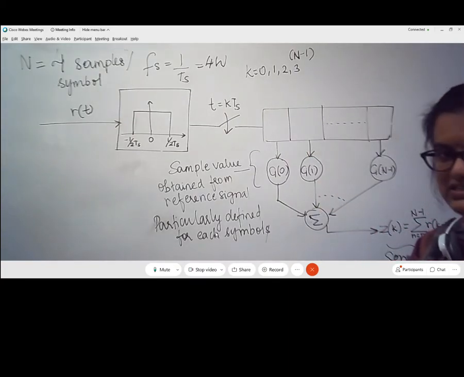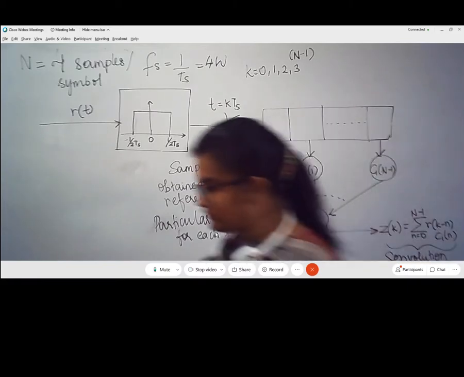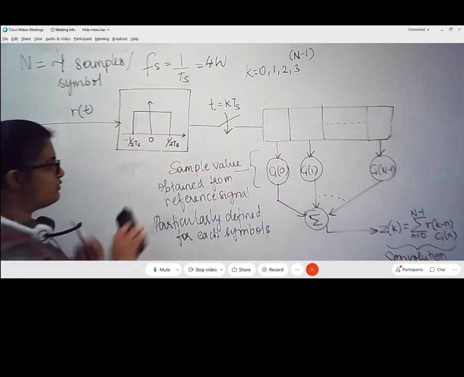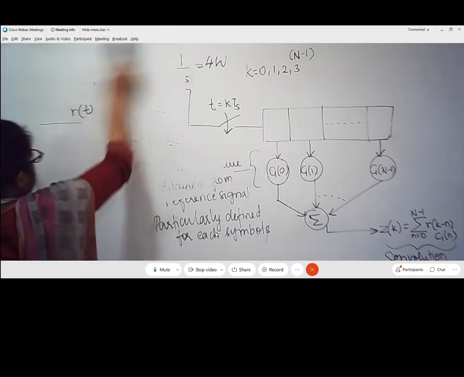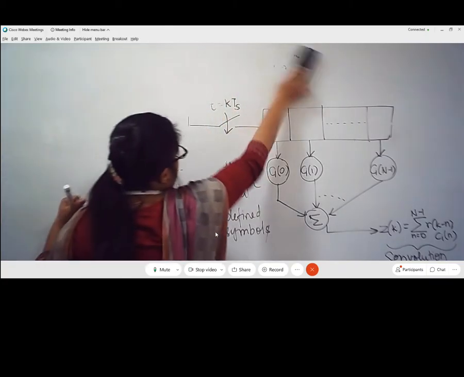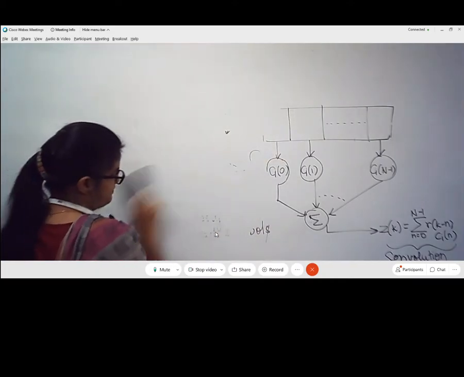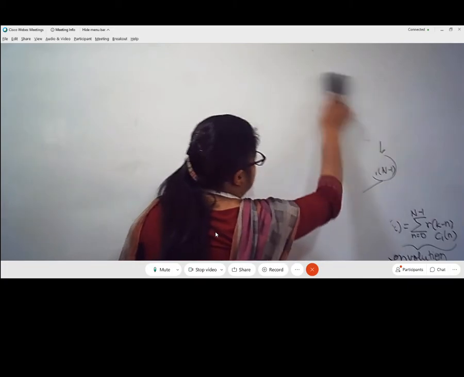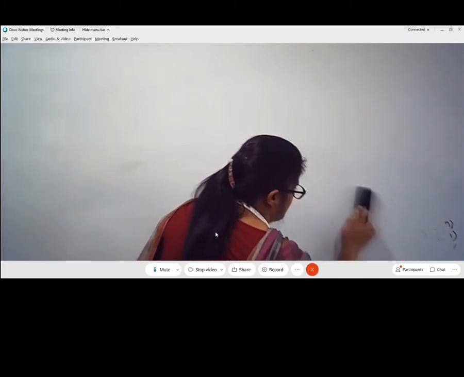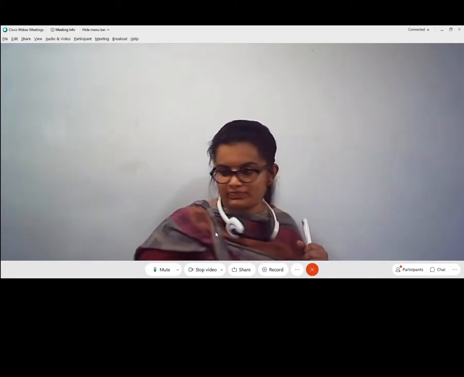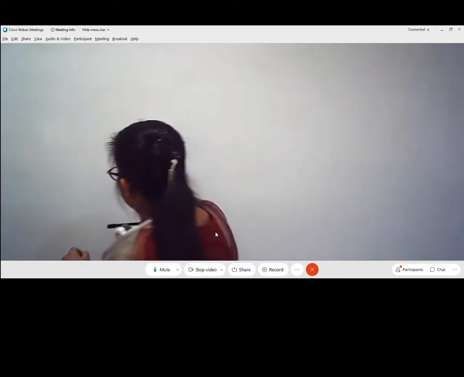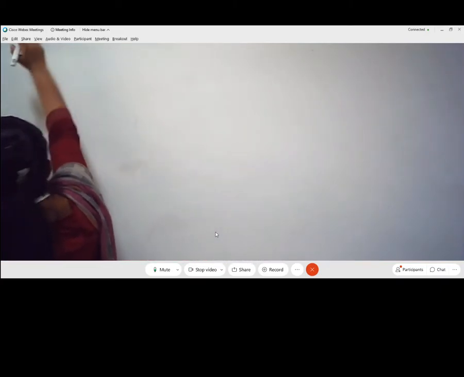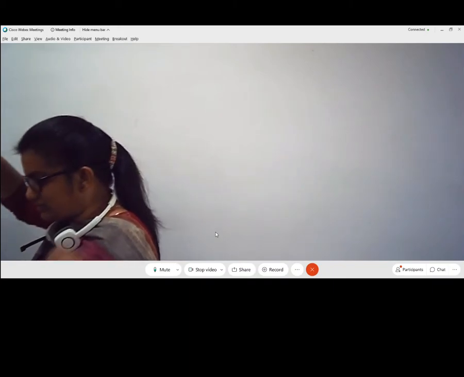Now let us see an example of the same, BPSK, and try to understand how the sample matching filter will look like or how it actually works. I'm going to draw the structure, or let me give you some of the formulas which are necessary.